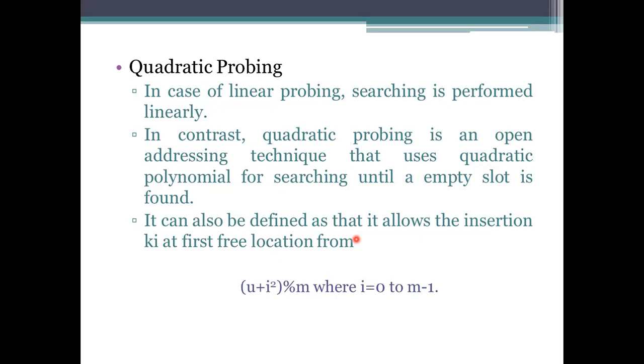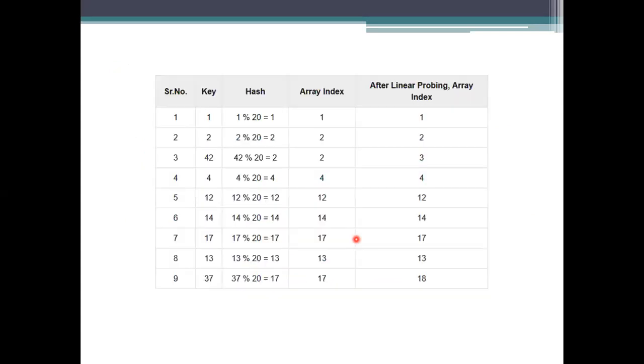Searching for that has to be performed in a linear manner, meaning the next cell is considered. We are not taking any random unused cell. For example, this is array index 1. Array index 0 is an empty one, but we are not using array index 0 for that representation.